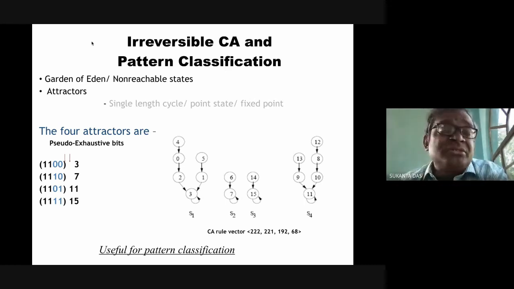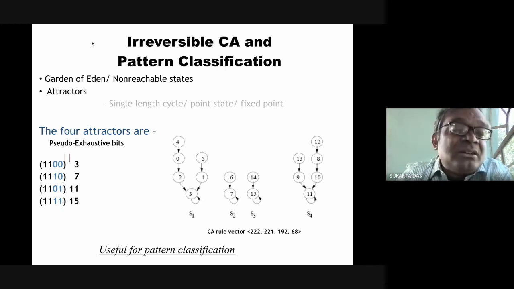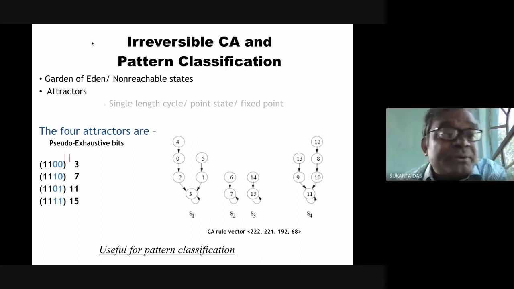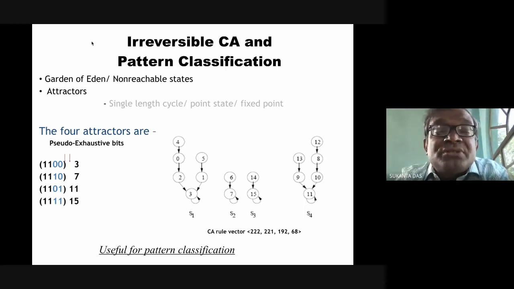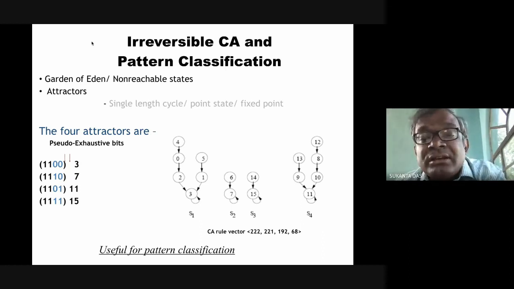Instead of storing 4-bit patterns, you can store only the exhaustive patterns. You can see the patterns all are unique, right? 00, 10, 01, 11. So why do you store the four-bit patterns? Better you store the exhaustive part only. So instead of 3, I can say 00 only. Instead of 7, I can call it 10. Instead of 15, I can say it 11, etc.